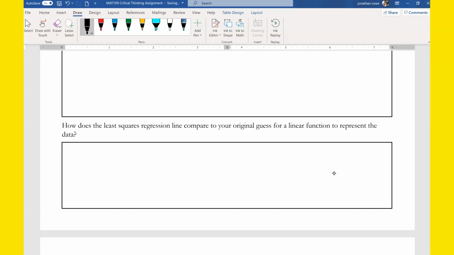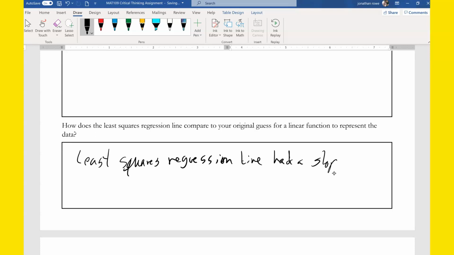So the least squares regression line had a slope slightly less steep.